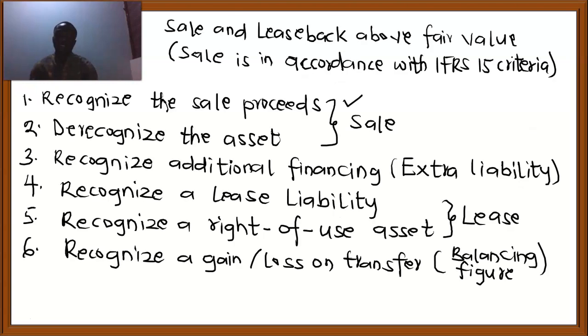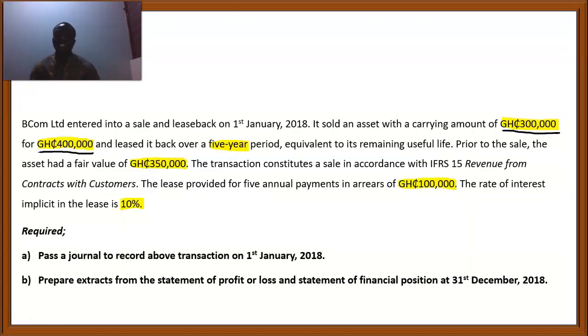Let's go back to the question. You realize that the asset was sold for 400,000, but the fair value of the asset was 350,000. So in the market, the asset is worth 350,000, but Become Limited received 400,000. The sale proceeds exceed the fair value of the asset by 50,000.